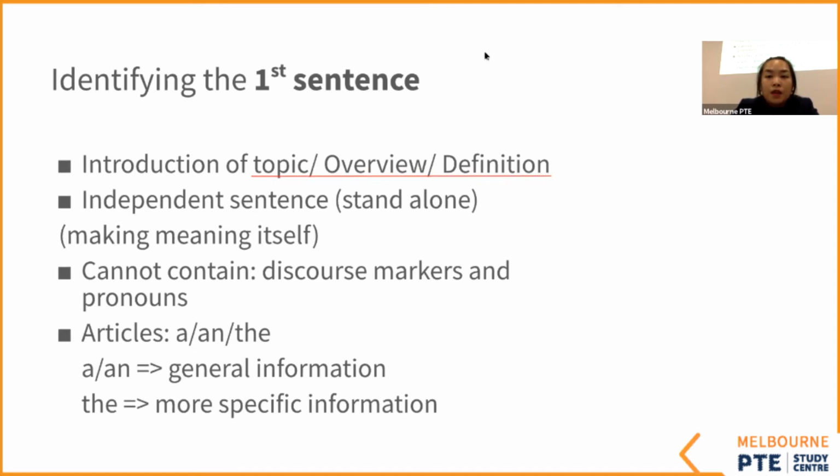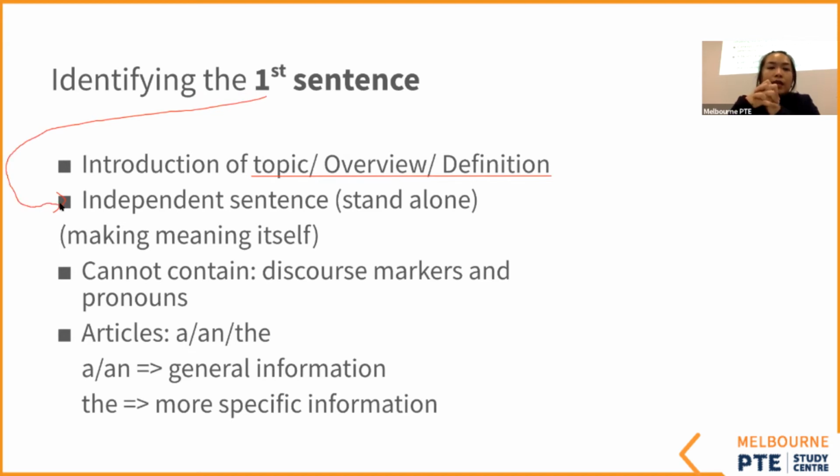Next one. The first sentence can also be called an independent sentence. Okay. What does it mean by independent sentence? What do you think? What does it mean by independent sentence? It can speak by itself, have a sense, and doesn't need other things.